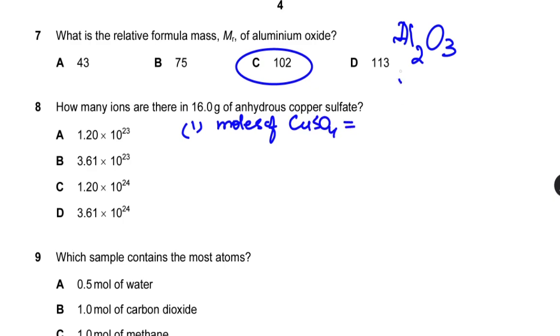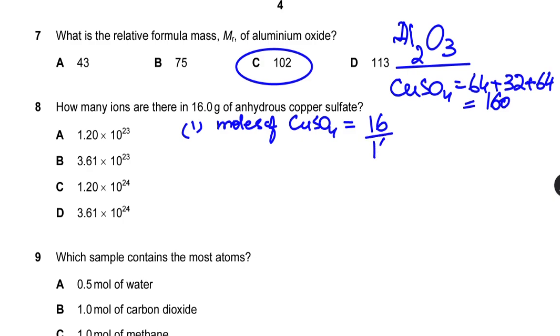For this we will calculate the molecular mass of CuSO4. It will be 64 plus 32 plus 16 into 4, which is 64. So the answer will be 160. This is the Mr of copper sulfate. So moles of copper sulfate is equal to 16 divided by 160, which is 0.1 mole.